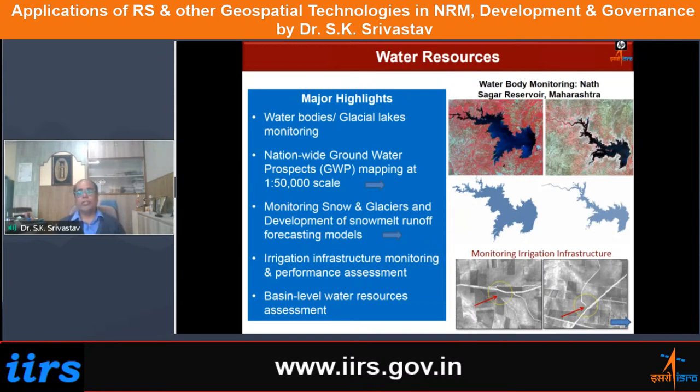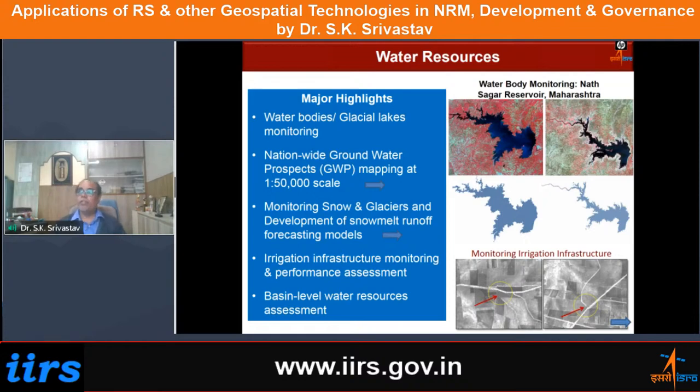But what geologists do is they try to interpret the occurrence and the movement of the groundwater based upon indirect inferences, and those inferences come from four different basic parameters: the lithology or the rock type of the area, the kind of geological structures present in the area, the kind of landforms present in the area, and the kind of hydrological, or let us say the recharge conditions occurring in the area.